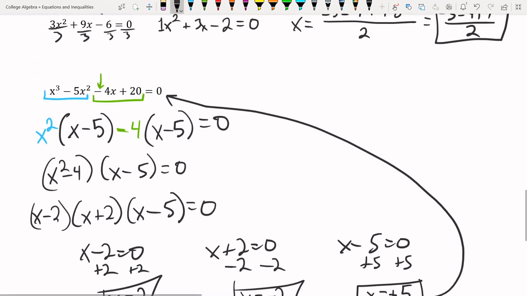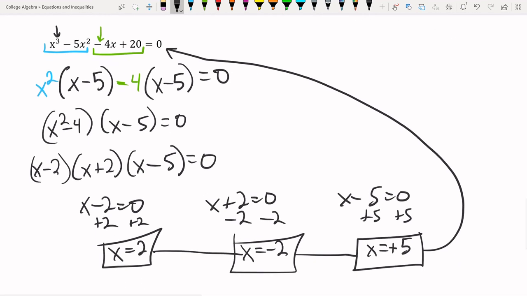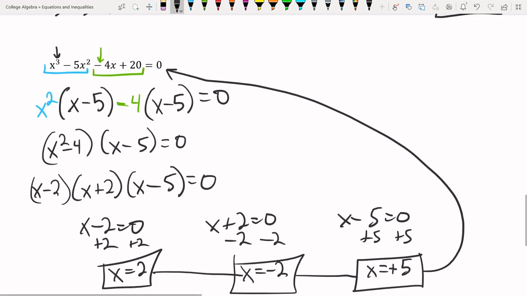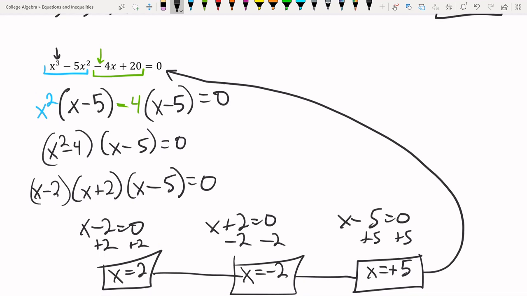And that's because we have a cube there. In fact, that power, the highest power, the degree of the polynomial, will tell you how many solutions you should expect. There could be a variety, right? You could have complex, you could have repeating solutions, right? We could have had positive 2 twice. That's still 2, that counts as 2 individual solutions. And you can have also 3 distinct solutions, things like that.